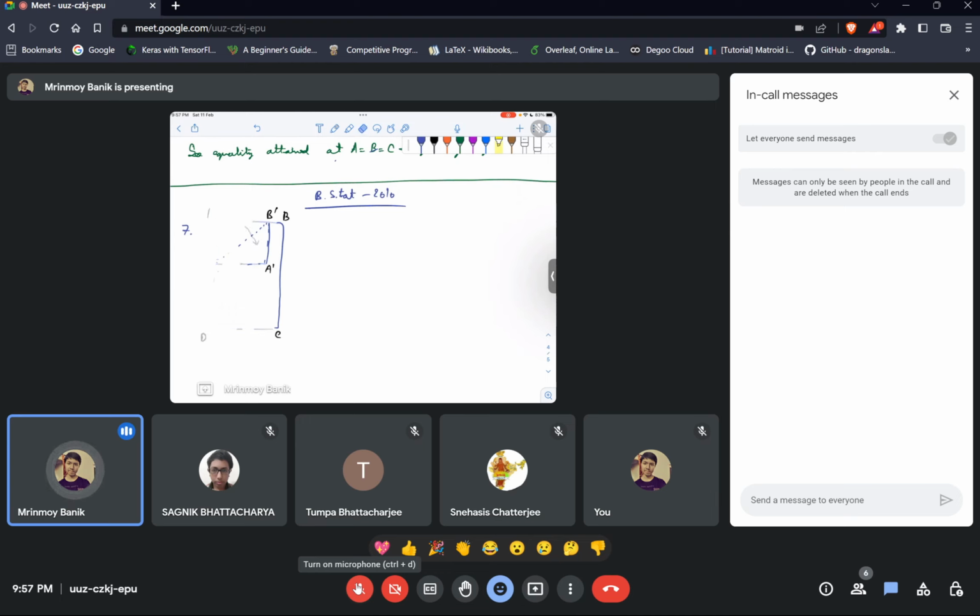But I guess I drew the picture wrong. The longer side is AB and AD is the shorter one. So this is A dash, this is B dash D dash.